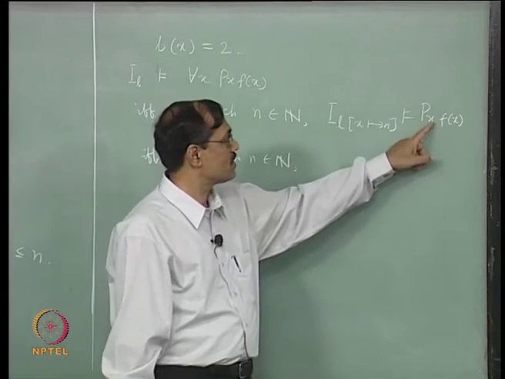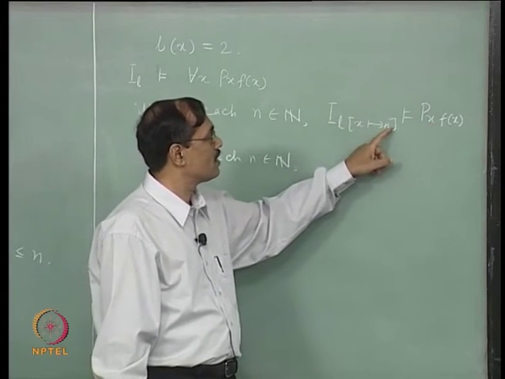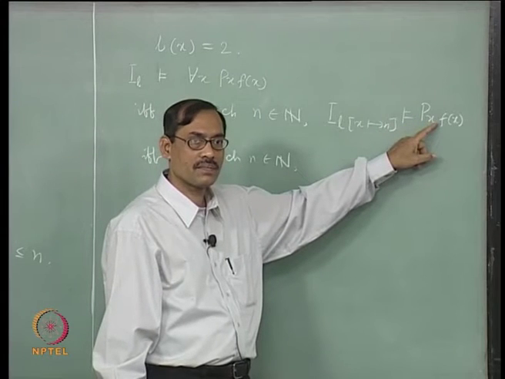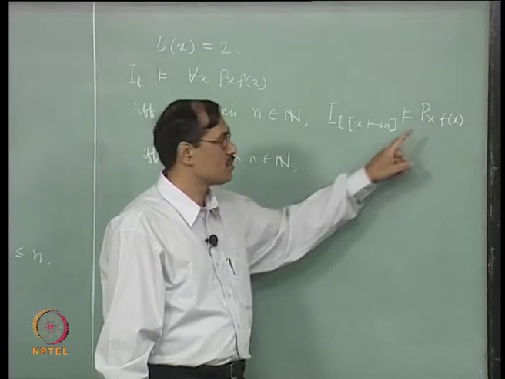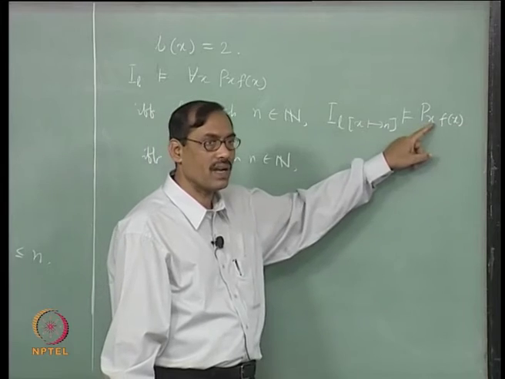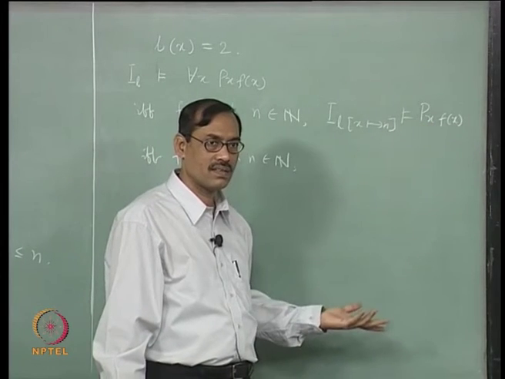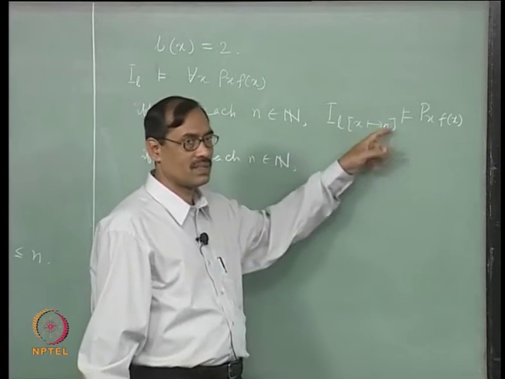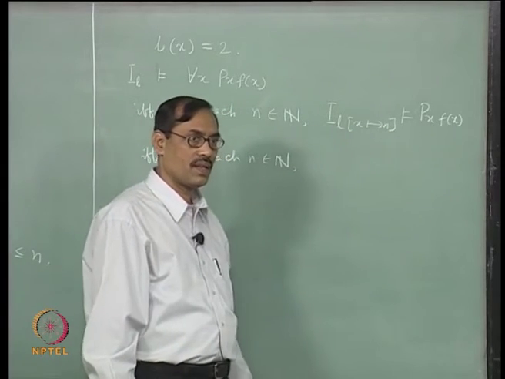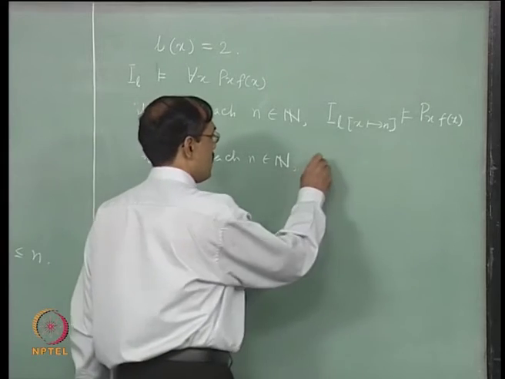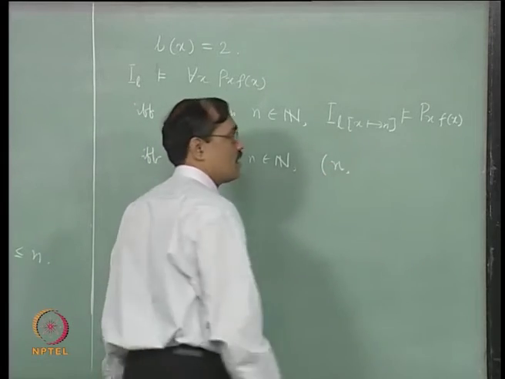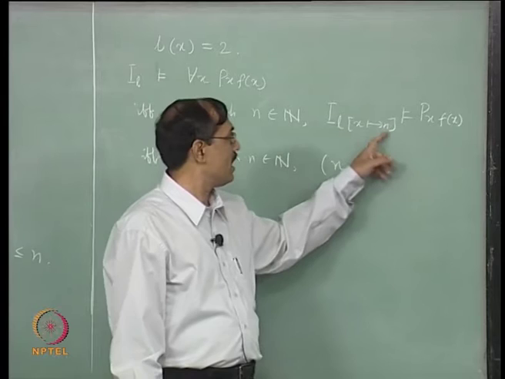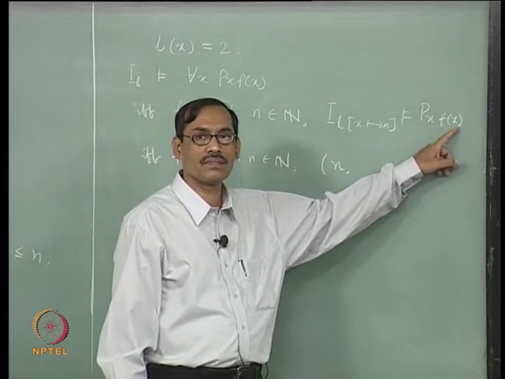So, now x, instead of x we have to take L x fixed to n, is that okay? So, once you take L of x fixed to n of x, that is n, is that okay? But we have taken x to any n. So, the same n will come, is that clear? So, we will be writing n and then L x fixed to n of f of x.